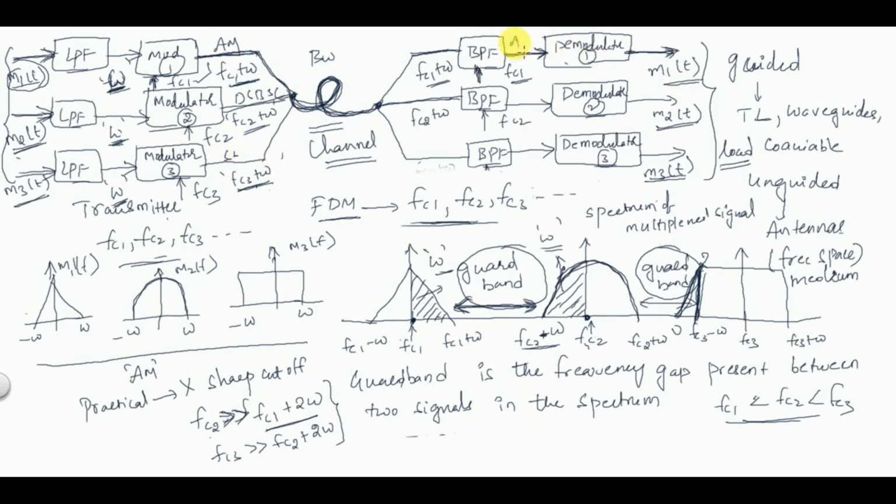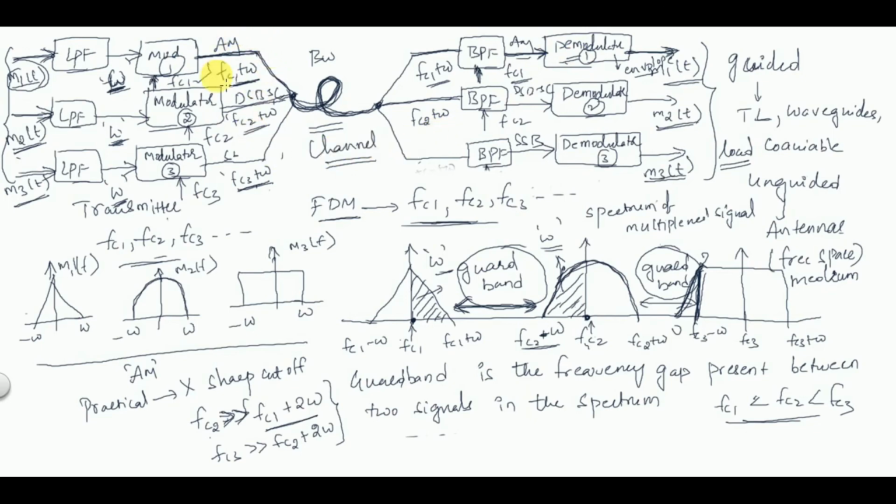DSBSC needs a synchronous detector, SSB again needs a synchronous detector, and for AM you can use the envelope detector, which is the most widely used detector for AM. Based on the different modulators you will have the corresponding demodulation schemes.